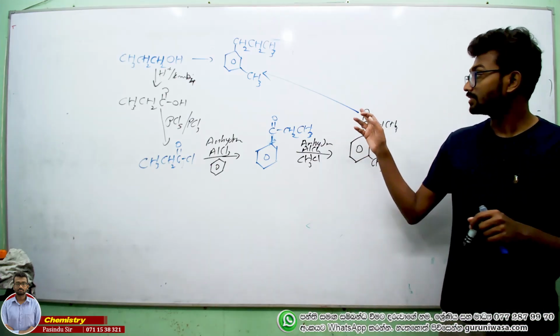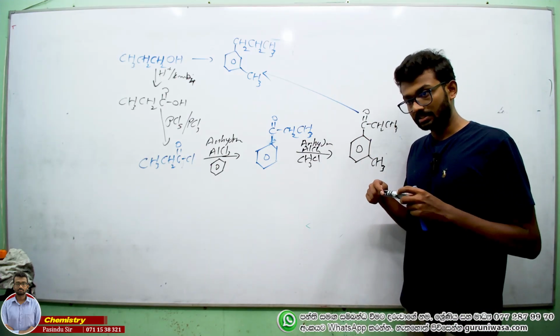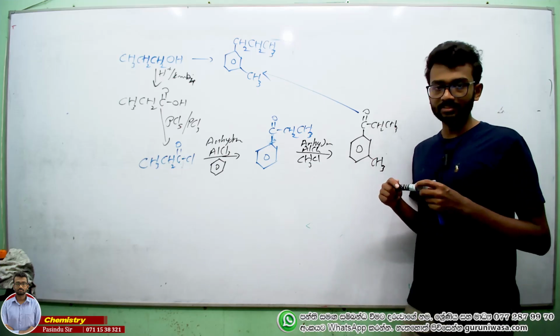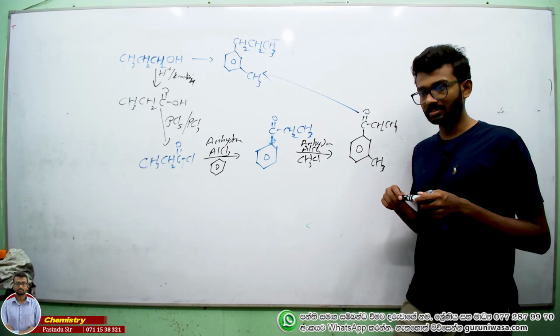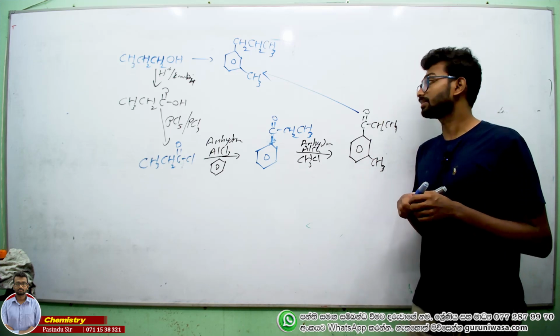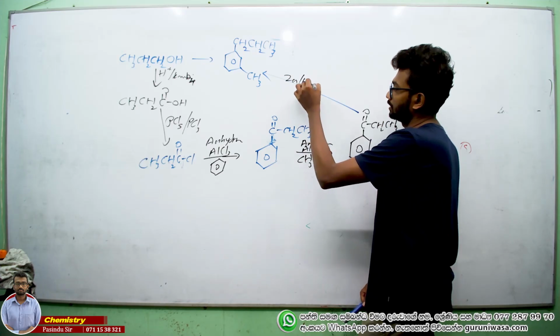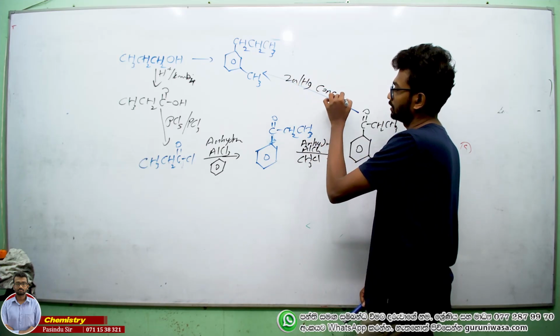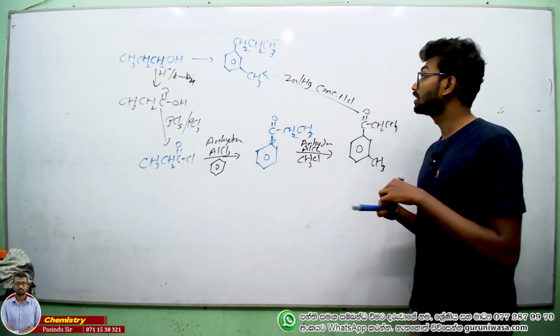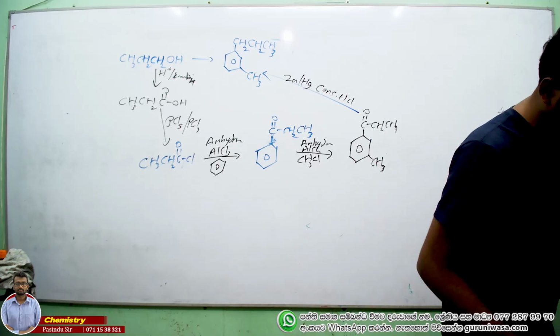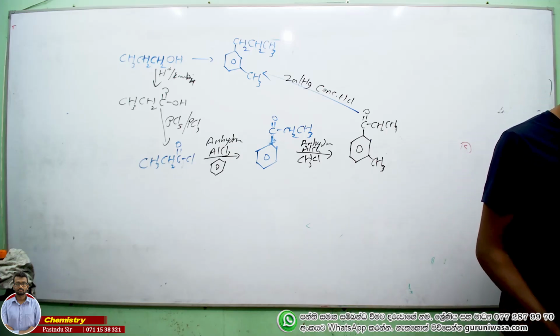By adding ZnHg and conc HCl, Clemmensen reduction. ZnHg, conc HCl, then you get this structure, right? Clear? Right. Next one.